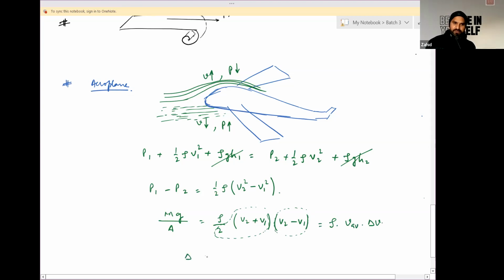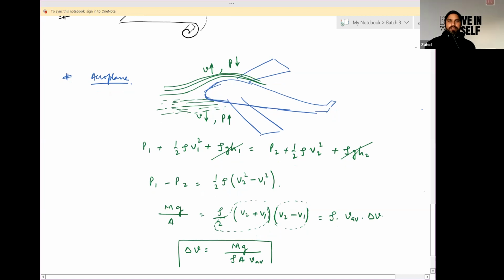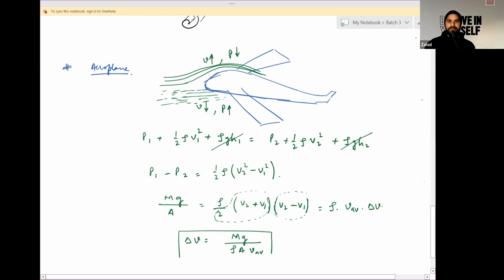So difference in velocity between upper and lower end will be equals to mg divided by rho a times average velocity. So this is an expression for how much there will be difference in velocity between two different ends.